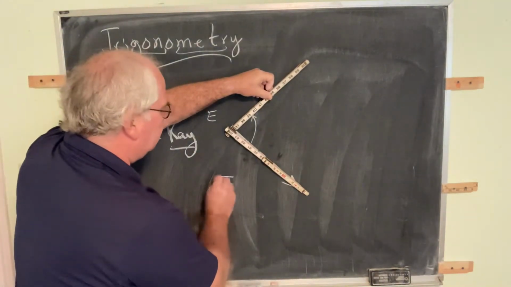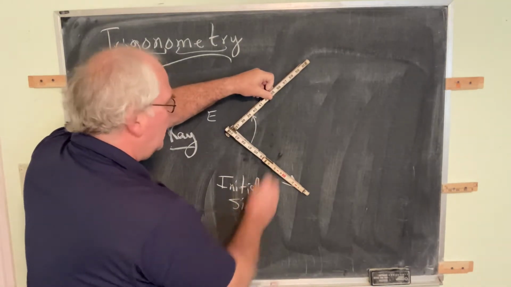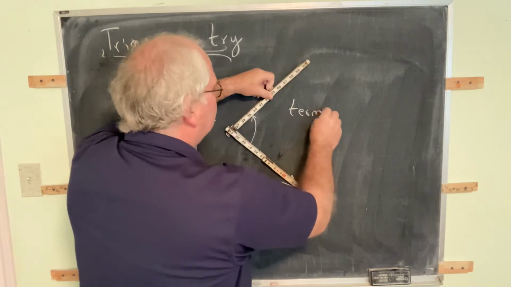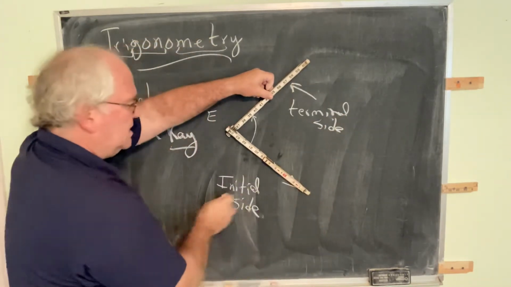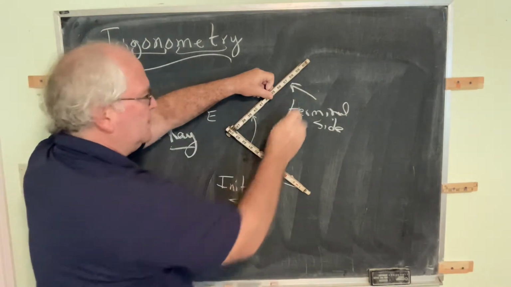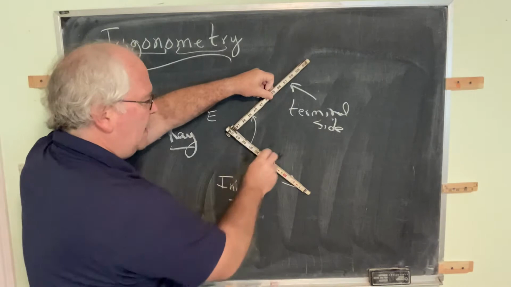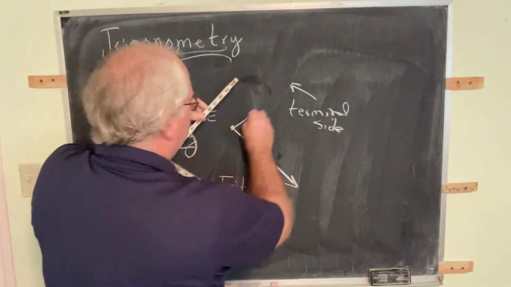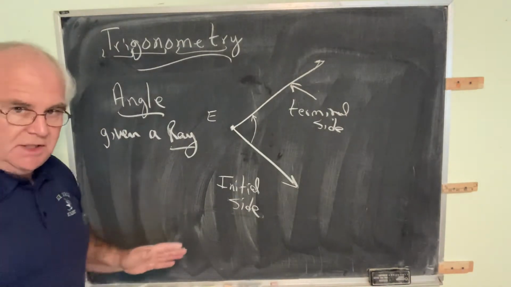This is called the initial side, and this is called the terminal side. The side where it starts is the initial side. The side where it ends is the terminal side.